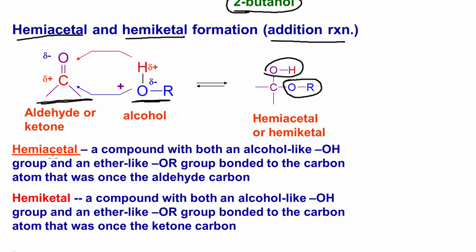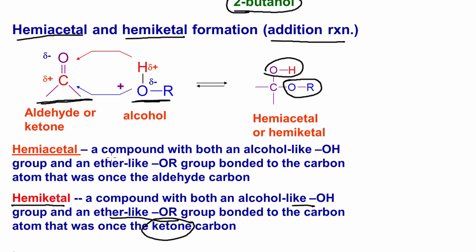So the only difference between a hemiacetal and a hemiketal is whether or not you start with an aldehyde or a ketone. If you start with a ketone, then we end up with a hemiketal. And this is a compound, again, that has both an alcohol-like group and an ether-like group bonded to the carbon that was once the ketone carbon.